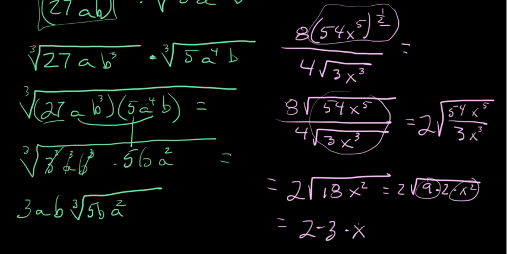Just in these two examples. We'll change that in a minute, but for right now we'll assume the x is positive. And then the square root of 2. Simplifying, 2 times 3 is 6x square root of 2. And so I'm done.